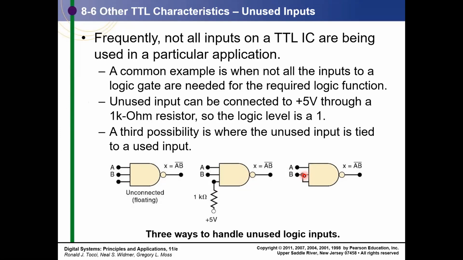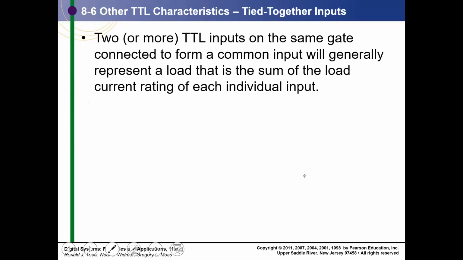Though it says there is an option that you can leave it unconnected, the suggestion typically would be don't leave any node floating. This is also important when you are connecting two nodes to the same input.